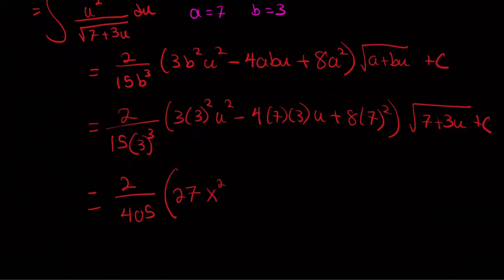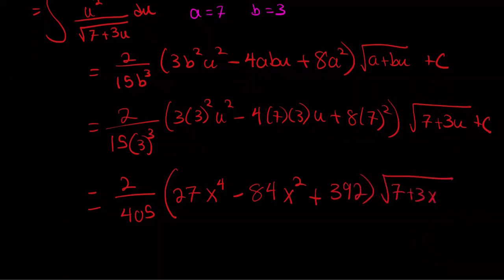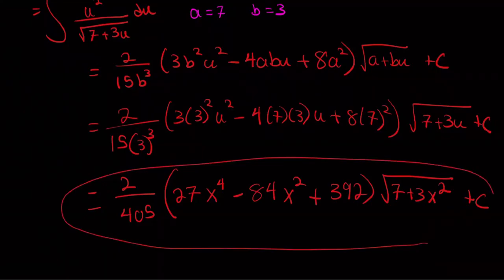So that's actually an x squared squared, which of course is just x to the power of 4, minus 4 times 7 times 3 is 84u, plus 8 times 7 squared, which is 392, times the square root of 7 plus 3u, but again, u was x squared. Ta-da!